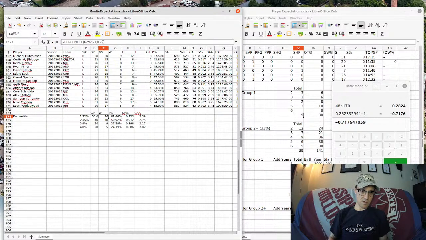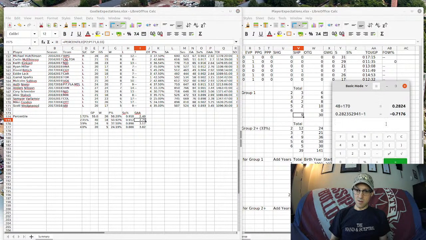Seventy-two is 28. And then 48 plus 90 divided by 170 minus 1 is 19.